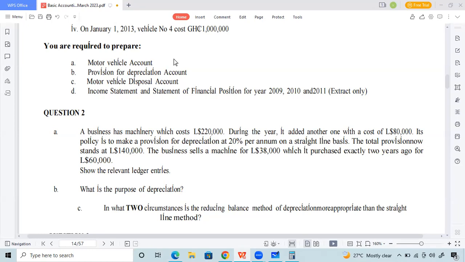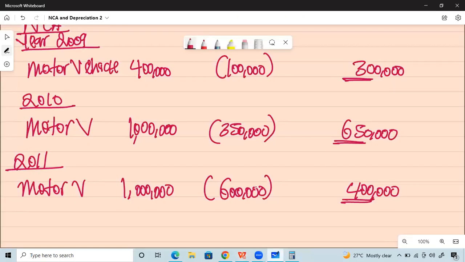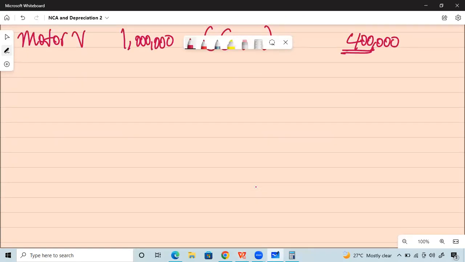So for depreciation, when they say show the relevant ledger entry, what are the relevant ledgers that you need to show?